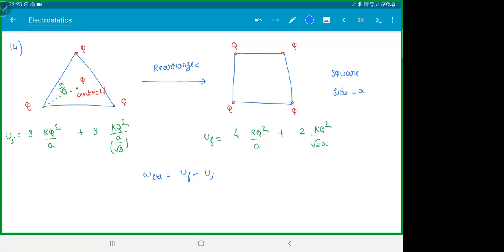And what is the formula? k q1 q2 by r, r is the distance between them. Check. Clear? Next one.